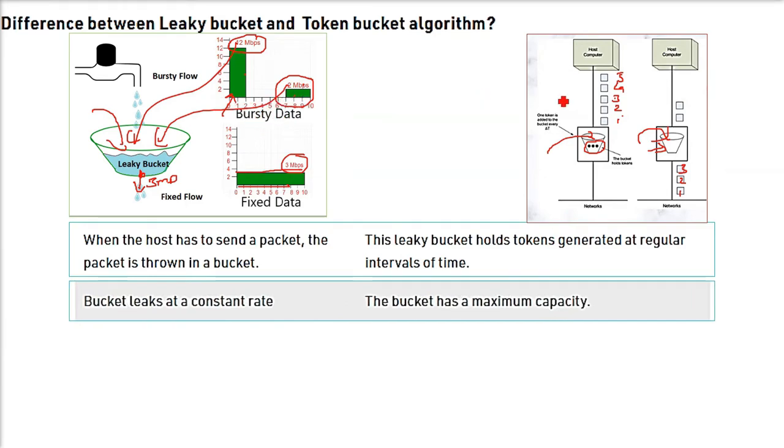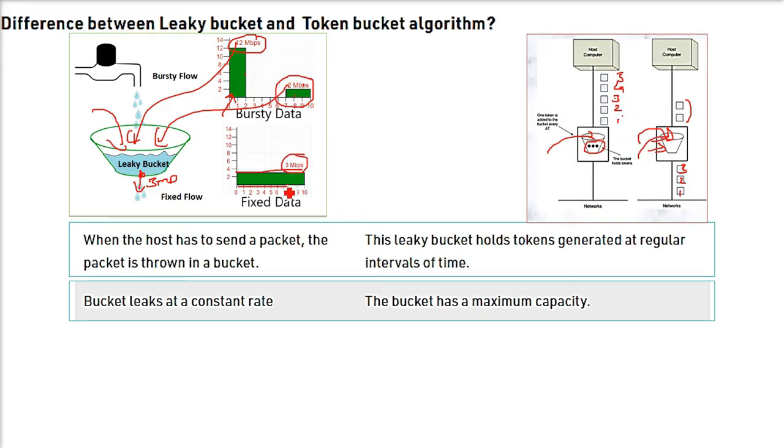In the leaky bucket, the rate of data coming out will remain constant. If you put 12 Mbps, 20 Mbps, 50 Mbps, 1 Mbps, doesn't matter, it will always be 3 Mbps. In the token bucket, the bucket has a maximum capacity, that is, a number of tokens.